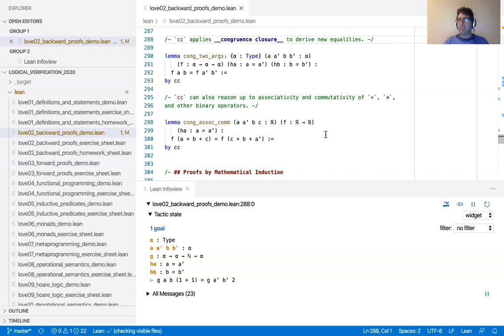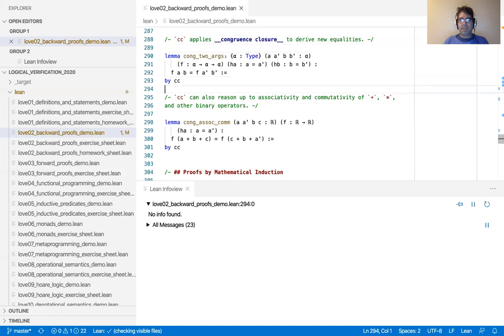That's what congruence means. In mathematics, that's a very common word. The congruence closure computes all these possible combinations of contexts. It's a very nice algorithm, and it's implemented in cc, and it will pick things up automatically for you.